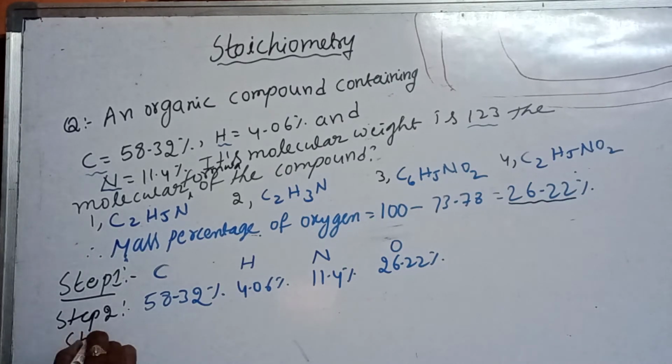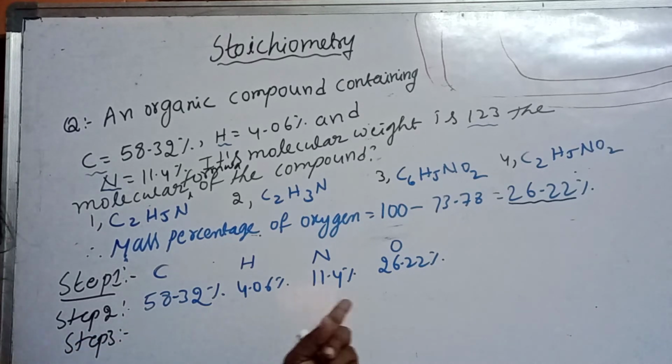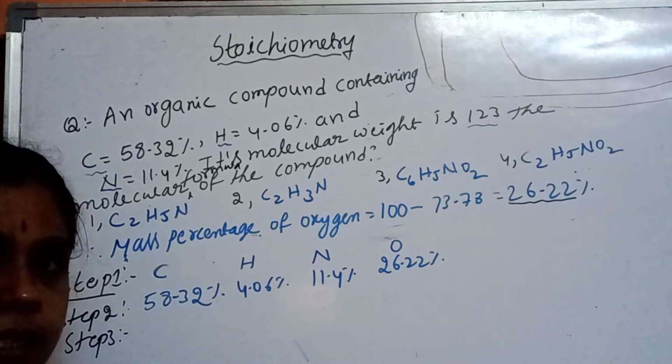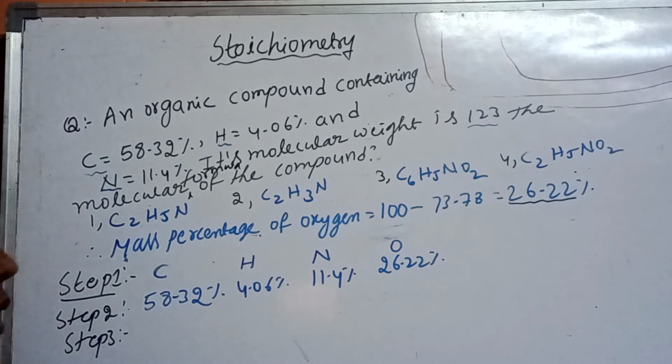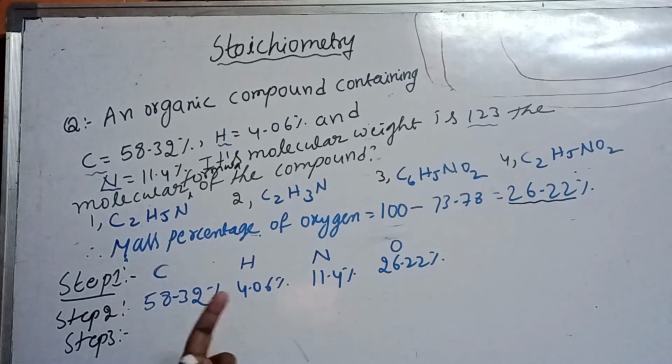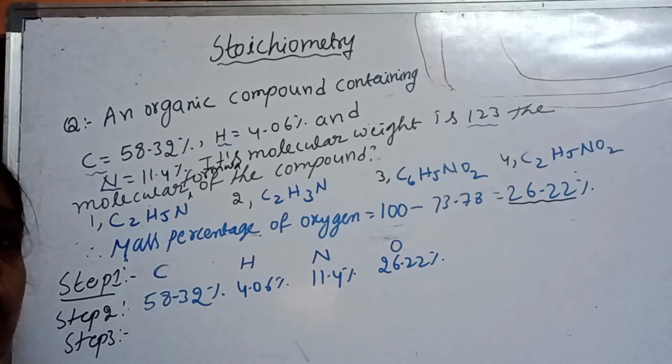In step 3, divide the mass percentages by their respective atomic masses. For example, the carbon mass percentage is 58.32, and it is divided by its atomic mass.